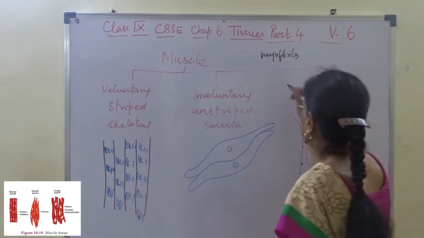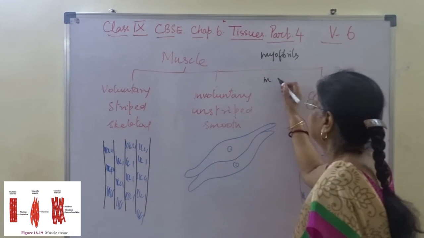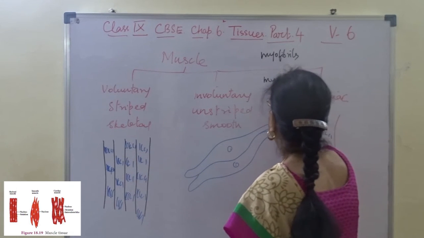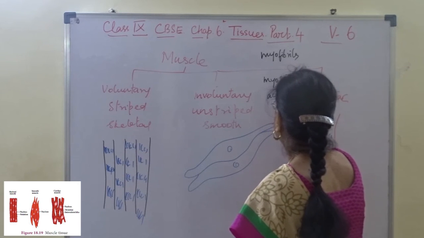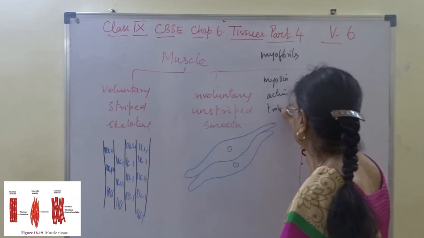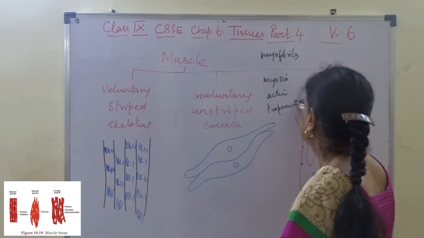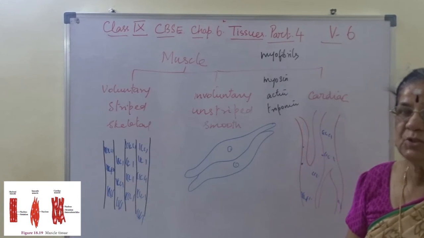These myofibrils are nothing but muscle proteins such as myosin, actin, troponin and tropomyosin.